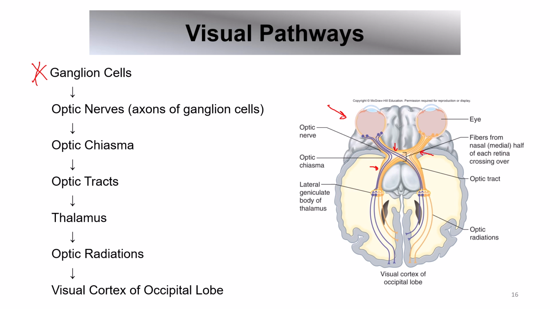Half of the neurons stay on the same side, the other half cross over at the optic chiasma. After the optic chiasma, it's called the optic tracts. These stop in the thalamus. After the thalamus, we have the optic radiations. And then finally, the information goes to the visual cortex, or the occipital lobe. So put double stars with this one.